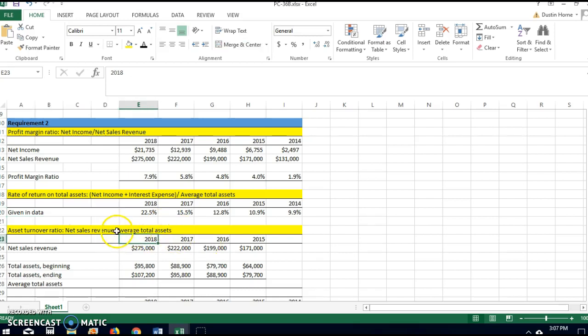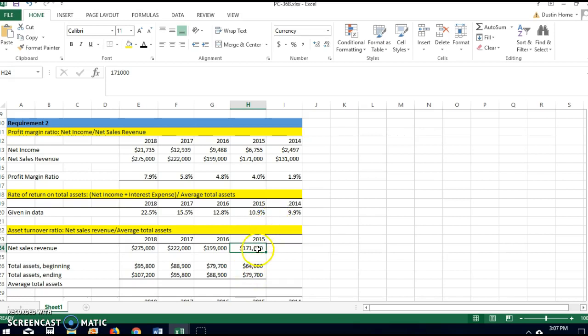So let's move on to the asset turnover ratio. And what this is, this is the net sales revenue divided by your average total assets, okay? So what you have to do is fill in your net sales revenue, which we have here, and then you have to do your average total assets.